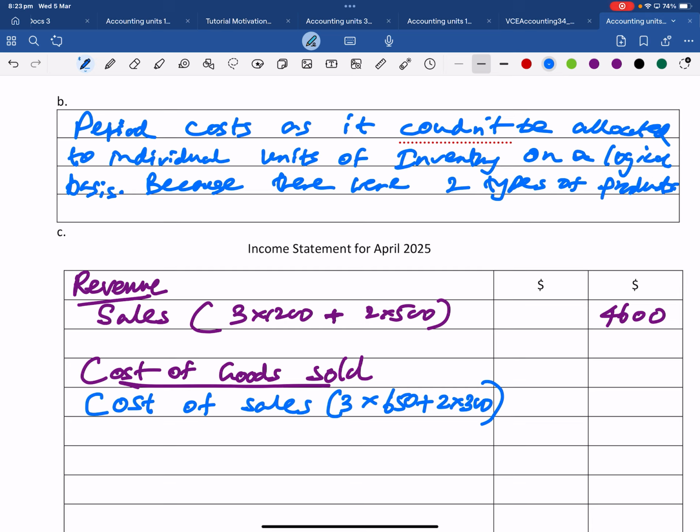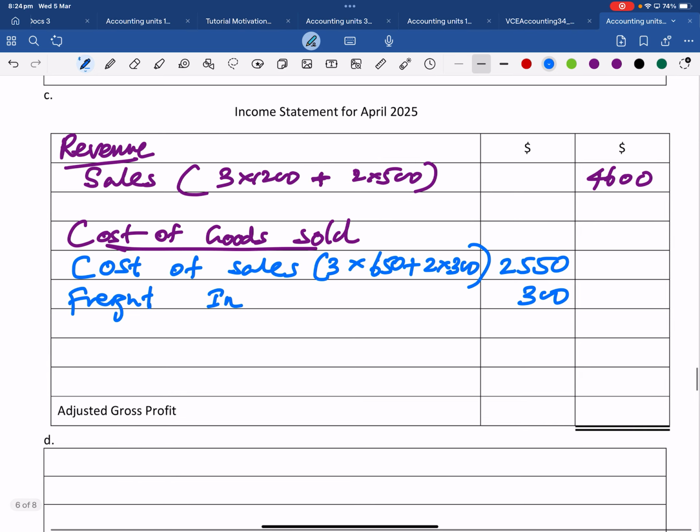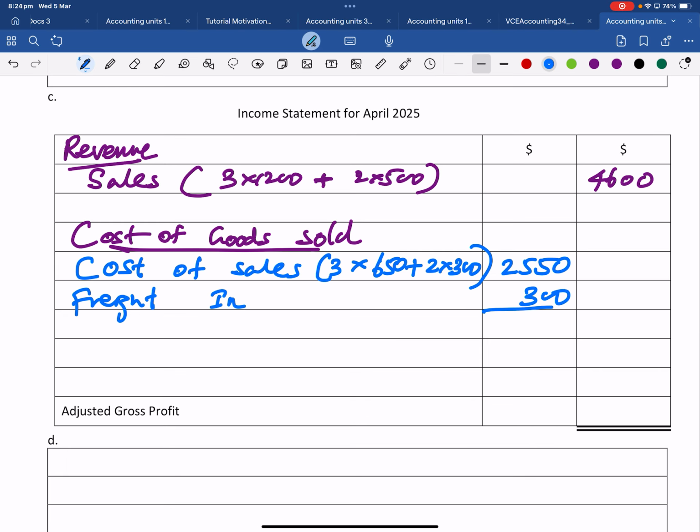So 3 times 650 is 1,950 plus 600, 2,550. Is that correct? Correct. Then freight in, $300, right? Anything else in COGS? Nope. 2,850 total COGS. You subtract it, and then you get the gross profit.